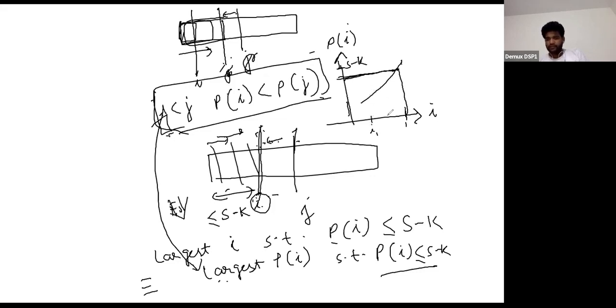Let's say i1 is this, i2 is this, i3 is this. Coming from the left, you have to find the largest i, which is just below this s minus k. So isn't this equivalent to finding the largest p_i, which is just less than s minus k? Right? Because it's an increasing function. Otherwise, that is not true.